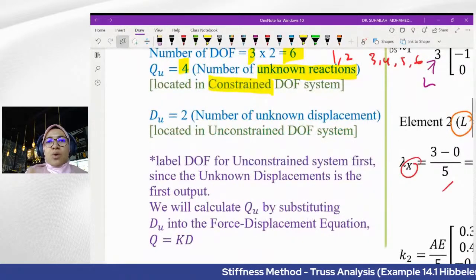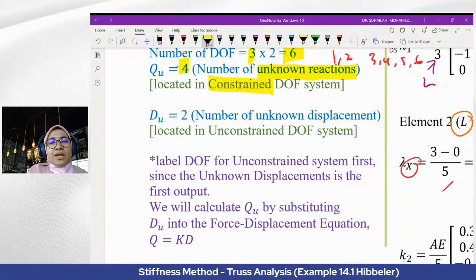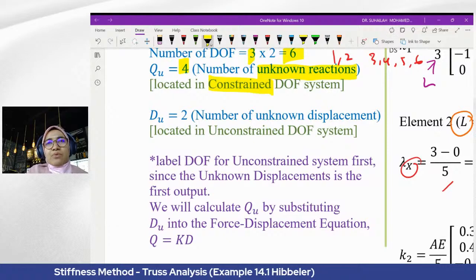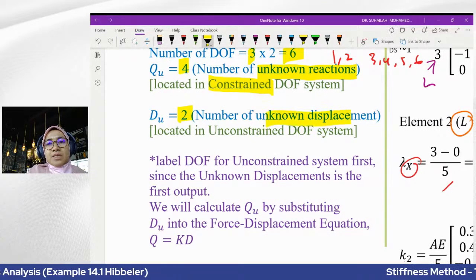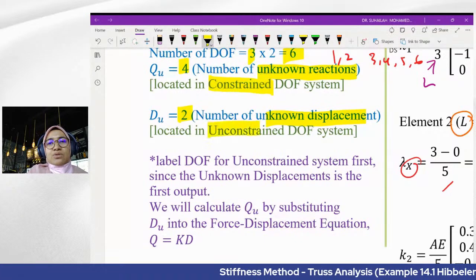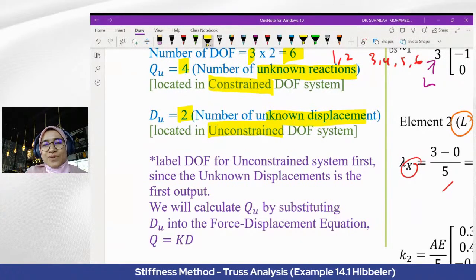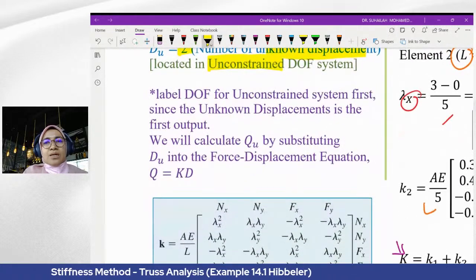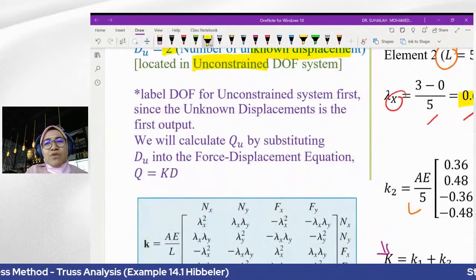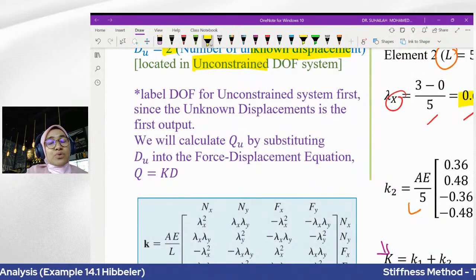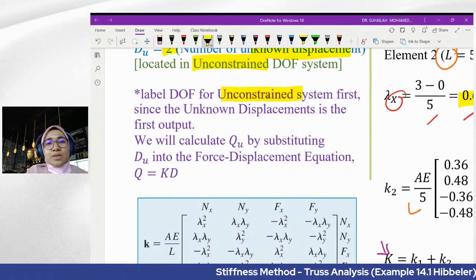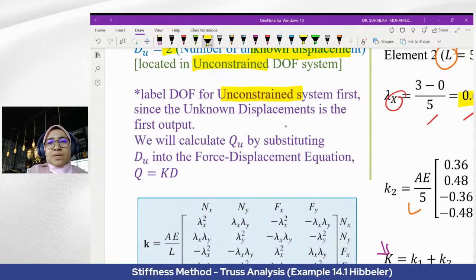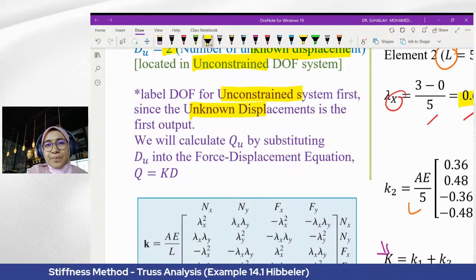In the opposite condition, if QU is 4, the remaining will be put under DU, representing unknown displacement, and unknown displacement is located in the unconstrained system. So we label the degrees of freedom for the unconstrained first, because displacement will be determined first.